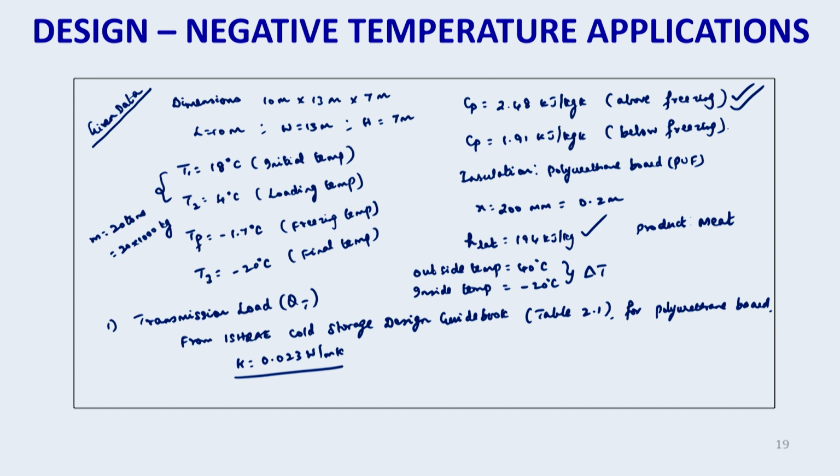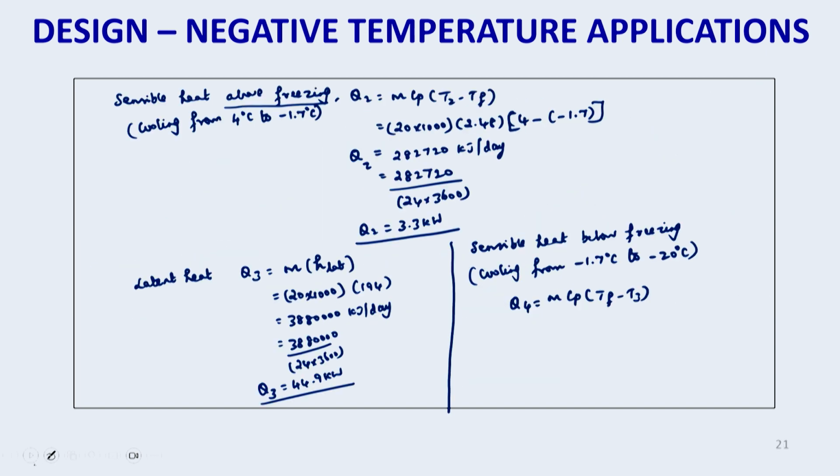Here we substitute the Cp value below freezing, 1.91: 20 into 1000 into 1.91, into Tf is minus 1.7 minus of minus 20.